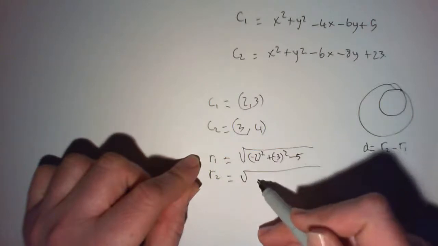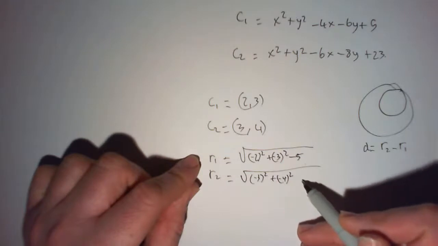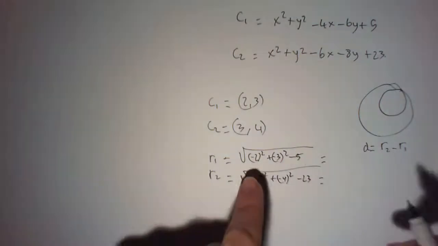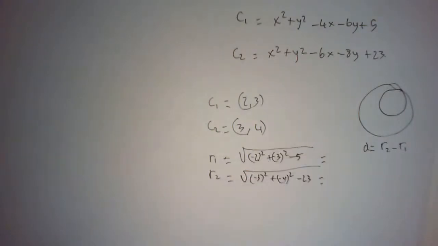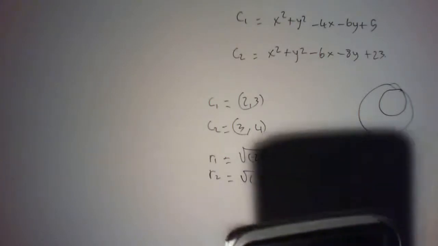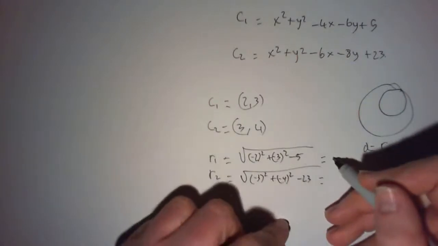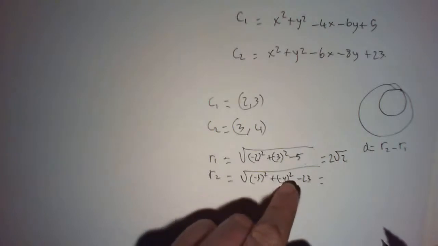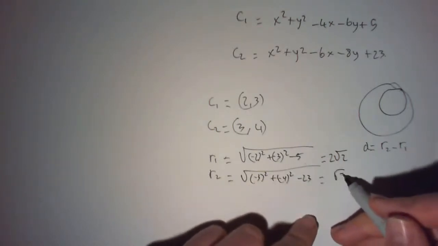Radius of 2 is going to be minus 3 squared plus minus 4 squared minus 23. So 4 plus 9 is 13, minus 5 is 8. So that's root 8, which is 2 root 2. And this is going to be 9 plus 16 is 25, which is root 2.